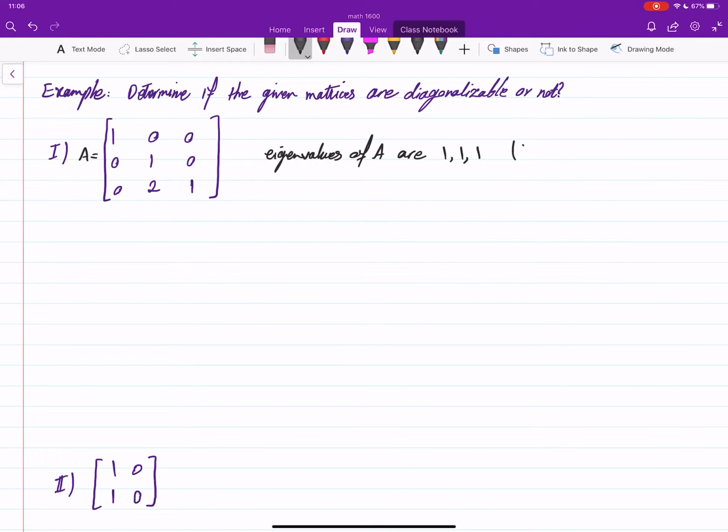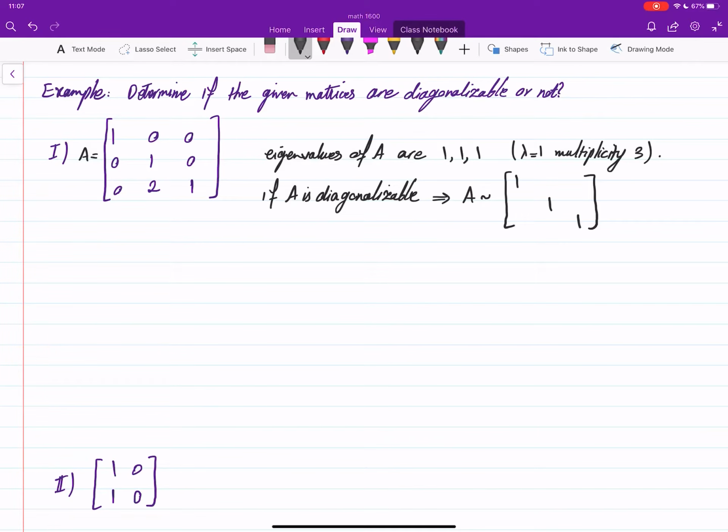In other words, it is 1 with multiplicity 3. So if A is diagonalizable, I don't know if it is or not, but let's just assume diagonalizable. Then A is going to be similar to the 3 by 3 diagonal matrix which has 1, 1, 1 on the main diagonal.